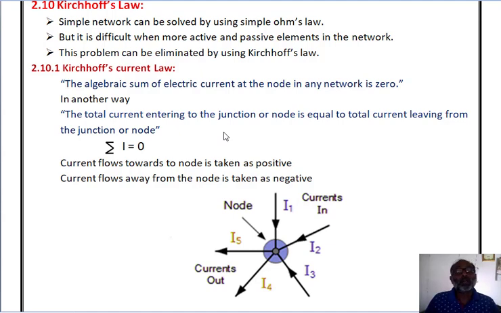Now there are two possibilities. The currents may be entering the node or leaving from the junction or node. When the current flows towards the node, it is taken as positive, and the current leaving from the node is taken as negative.